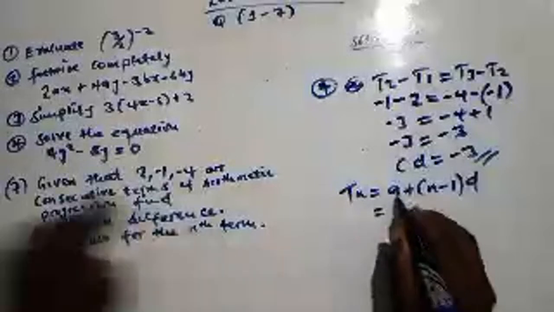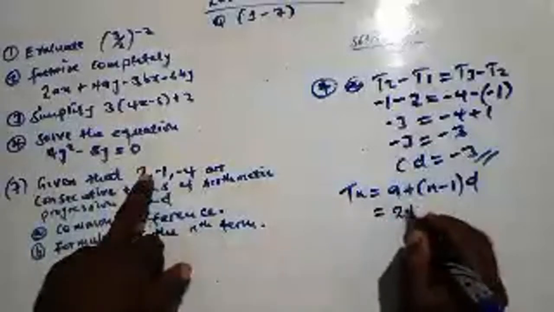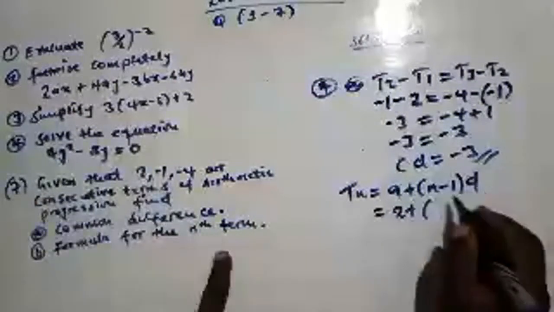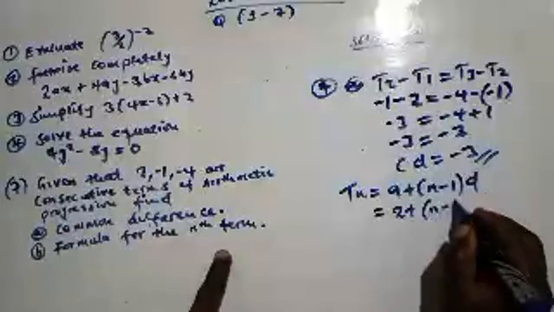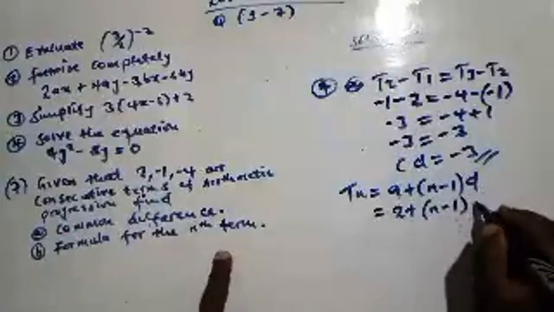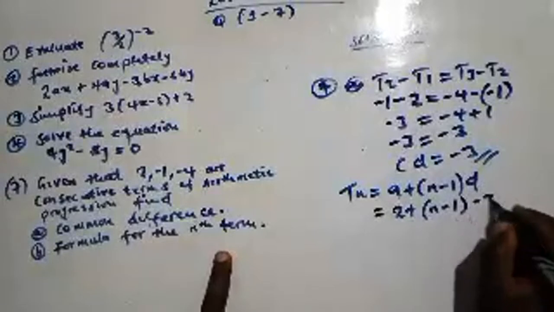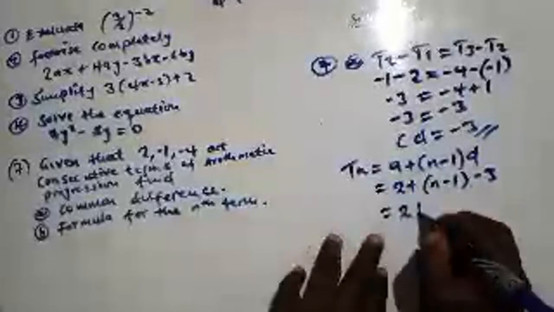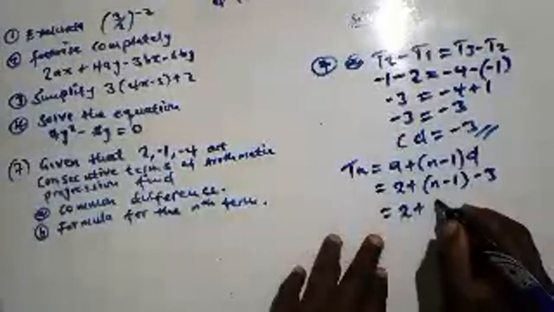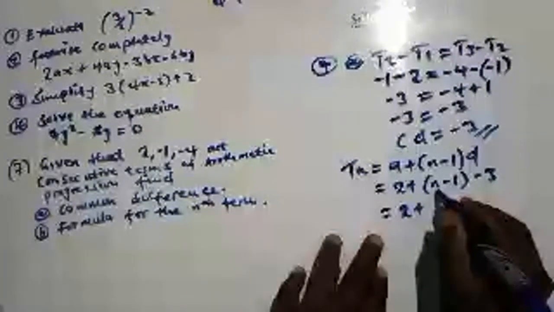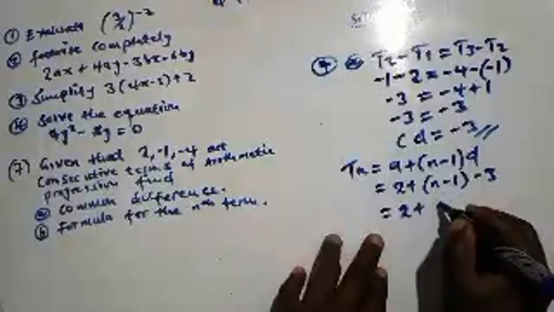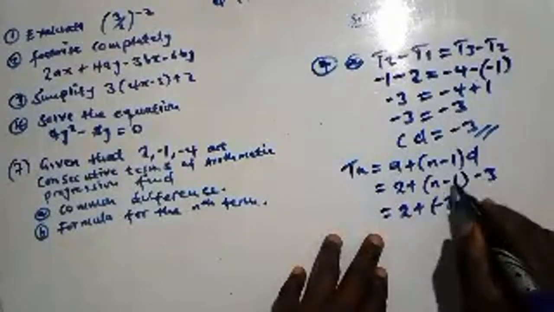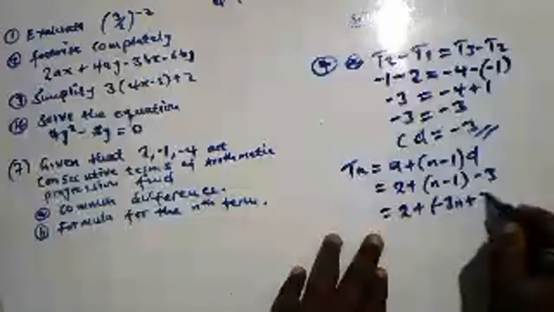So the first term is 2, okay, plus open bracket, we don't have the number because we are looking for the nth term, so n minus 1, okay, then the difference, which is -3, okay. Then what you do here, you're going to say 2 plus -3 times n, you're going to have -3n, then -3 times -1, you're going to have +3, okay.